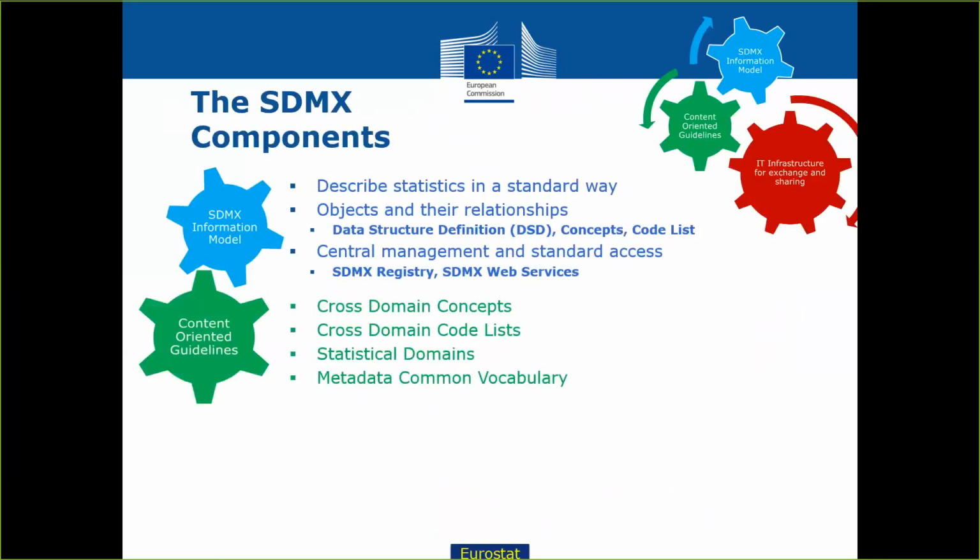In fact, SDMX has specific code lists, like for frequency, and those should be used if you are implementing SDMX. That is the statistical working group, which comprises 20 representatives from national and international organizations.